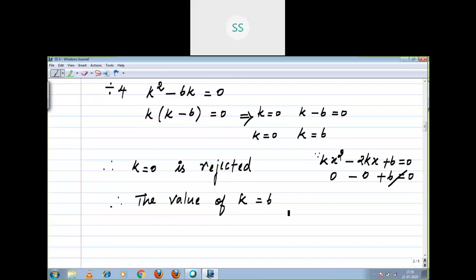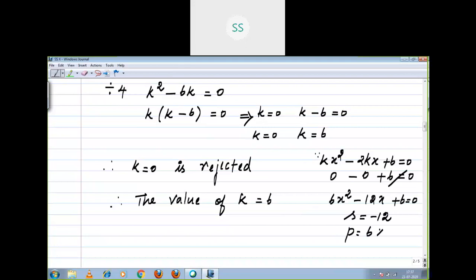When you substitute k equal to 6, what can you get? You have to factorize, right? Because k is not 0, so x square. If you want, I will write and show you. See here. 6x square minus 12x plus 6 equal to 0. Sum equal to minus 12. For your understanding purpose, I am doing this.